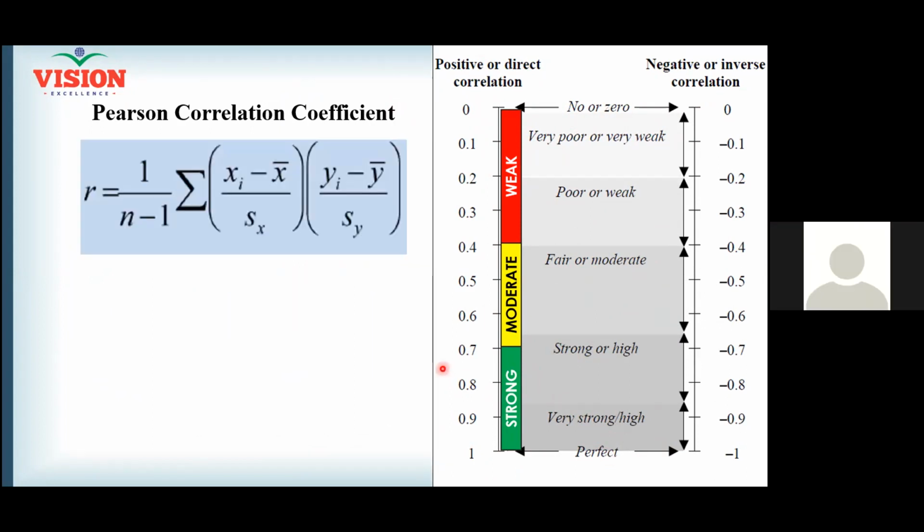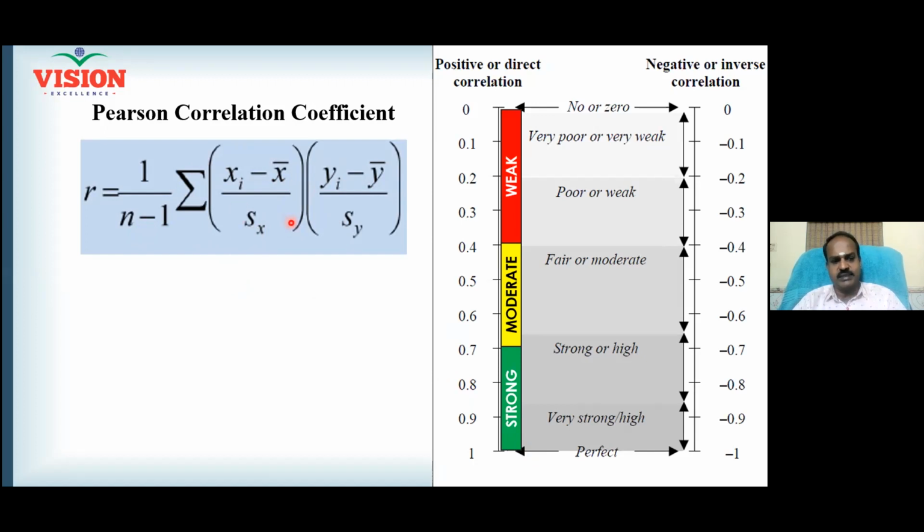And this is the mathematical formula behind calculation of R value. R is Pearson correlation coefficient, where N is the number of pairs of data. X bar is the mean value of your X variable. Y bar is the mean value of your Y variable.